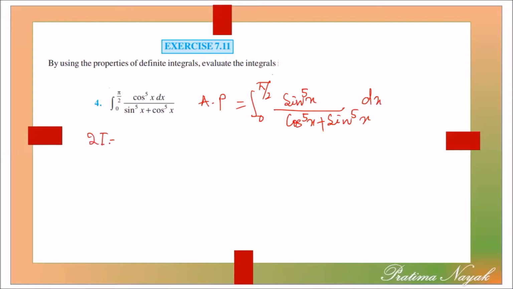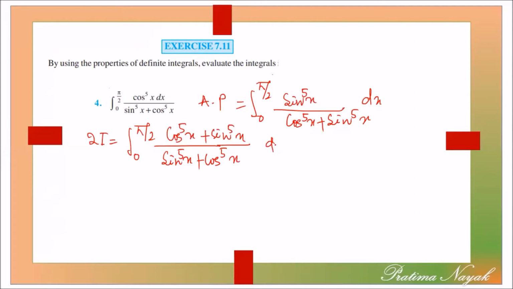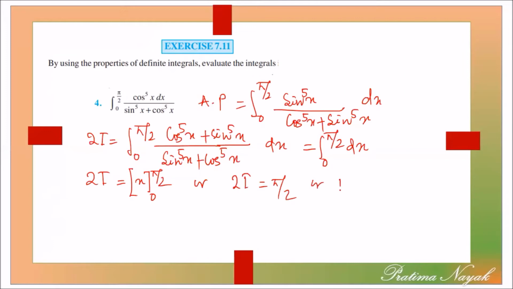Twice I is equal to 0 to pi by 2 sine to the power 5x plus cos to the power 5x upon cos to the power 5x plus sine to the power 5x. So this is 1, 0 to pi by 2, 1 dx. So twice I is equal to x from 0 to pi by 2, or twice I is equal to pi by 2, or I is equal to pi by 4.